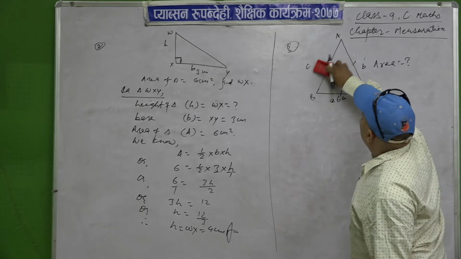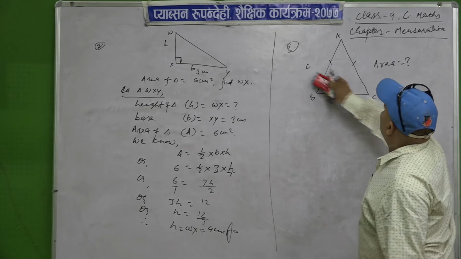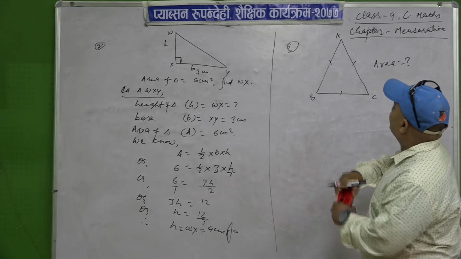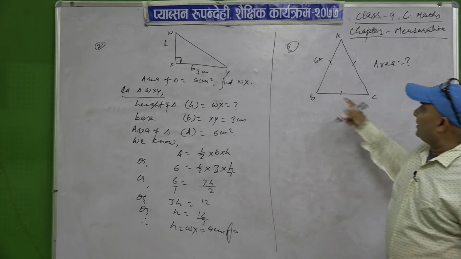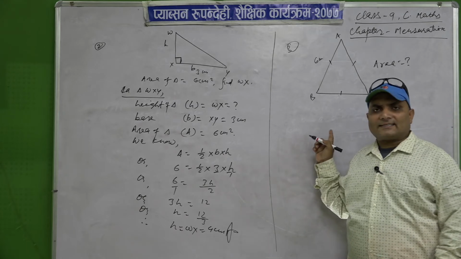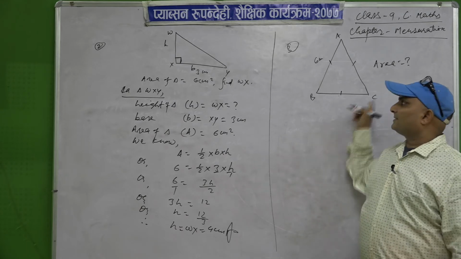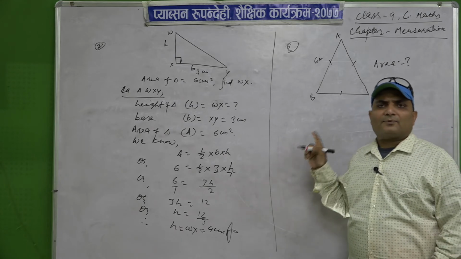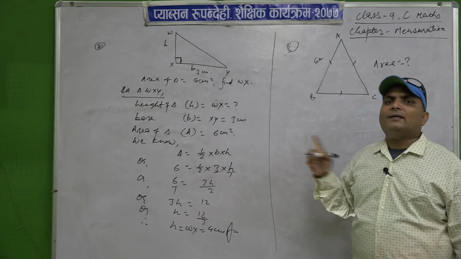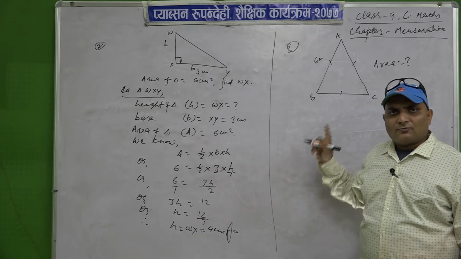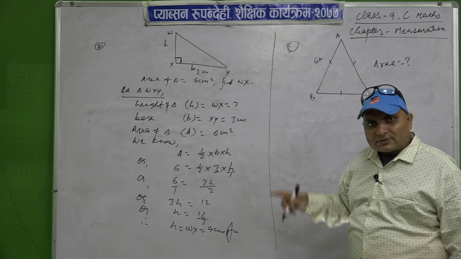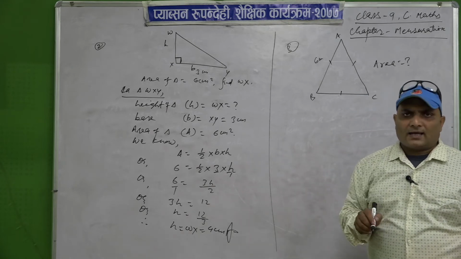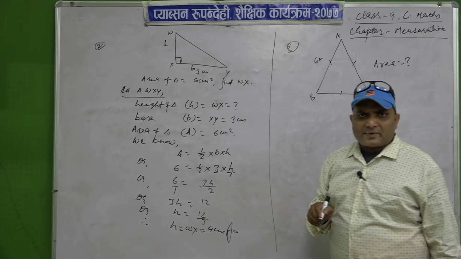And now see, this is 6 centimeter. If all sides are equal, then what type of triangle is this? This is an equilateral triangle, and for equilateral triangle only we have derived a formula. Do you remember this?